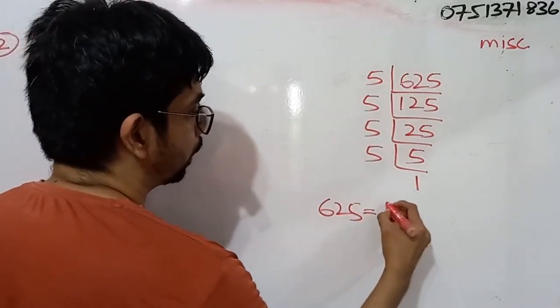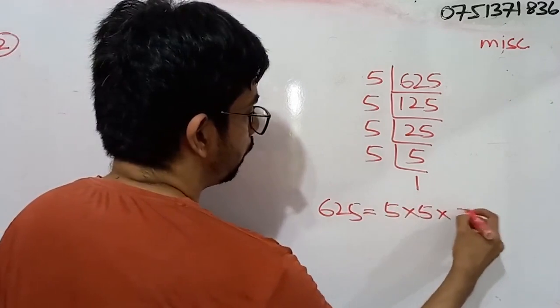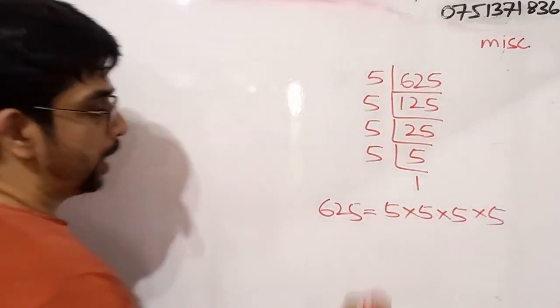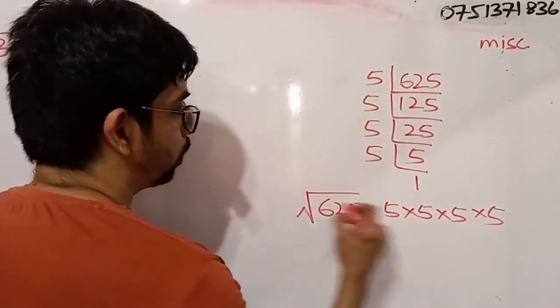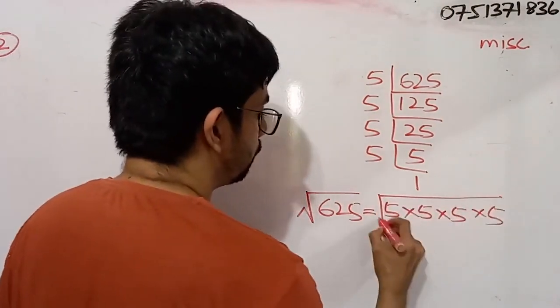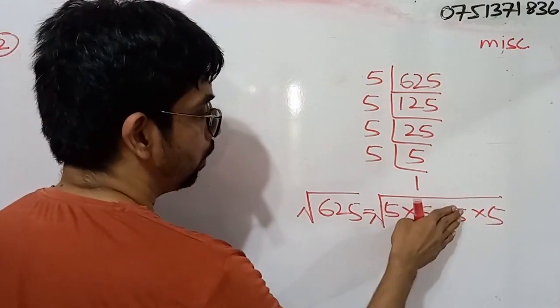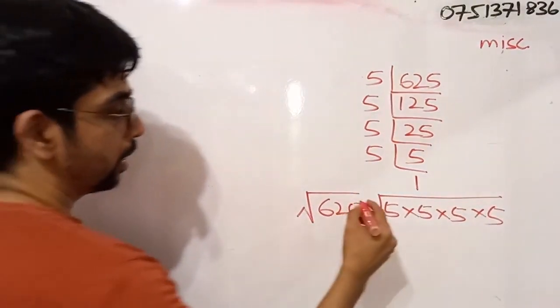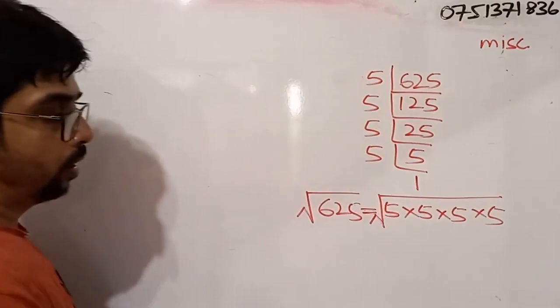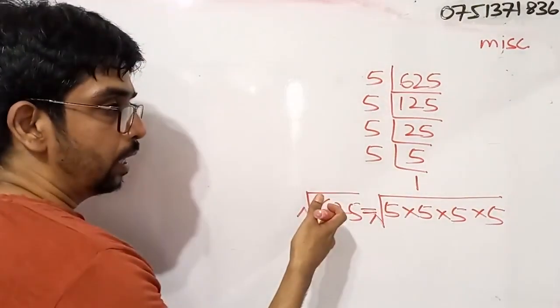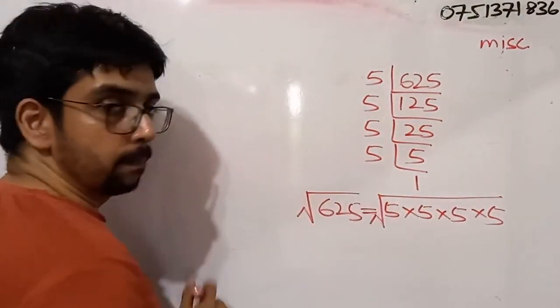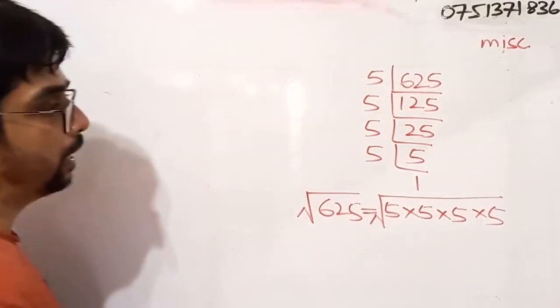So 625, that is equal to what? 5 into 5 into 5 into 5. Since we are calculating the square root of this number, we have to do the same thing. So square root on this side means the same thing on the other side, right? Why? We have an equal symbol now. What happens to the right side should happen at the same time on the other side, right?